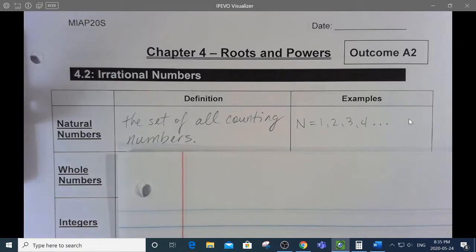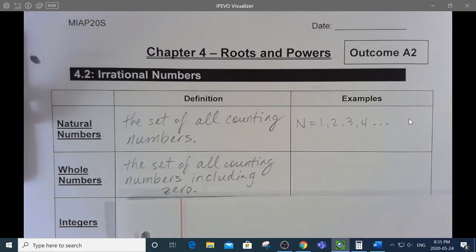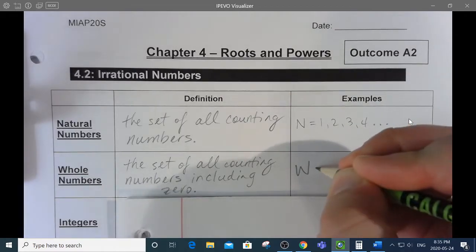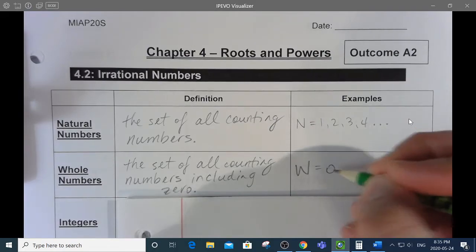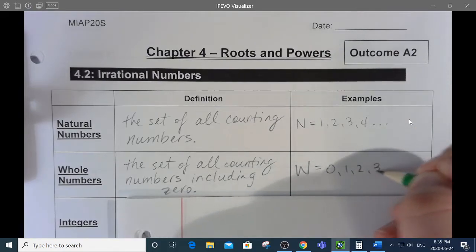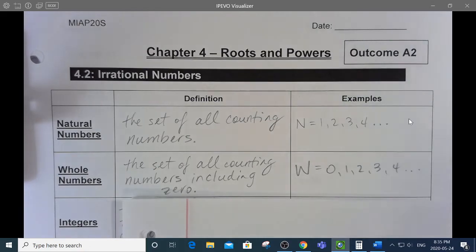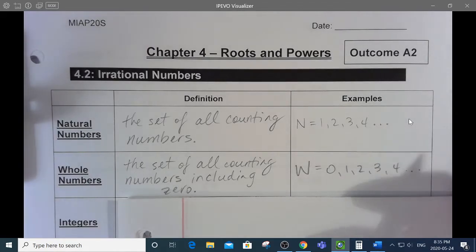Whole numbers isn't a whole lot different. It's the set of all counting numbers including 0. So we use capital W to represent the whole number set, and then 0, 1, 2, 3, 4, ... And there might be people going, well, wait a minute, don't you need 0 to count with? And the actual reality is no, you don't.